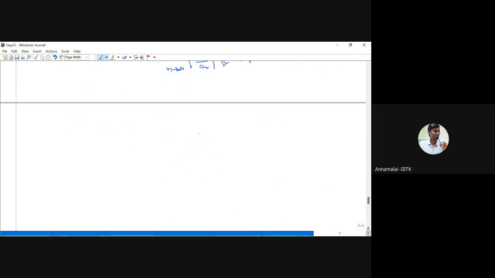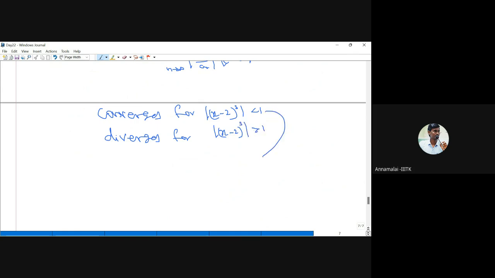So now this converges for mod (x-2) cube less than 1, and diverges for mod (x-2) whole cube greater than 1.